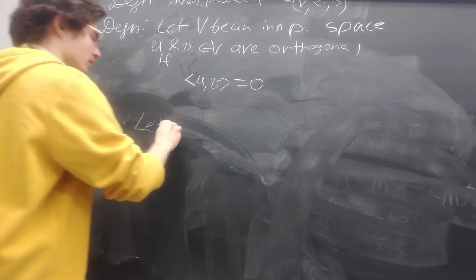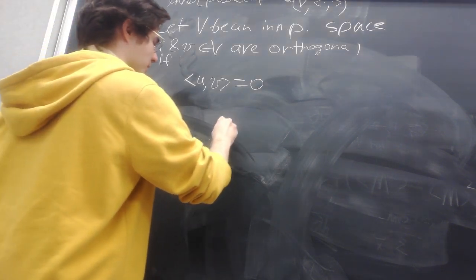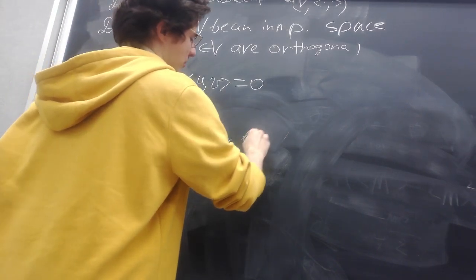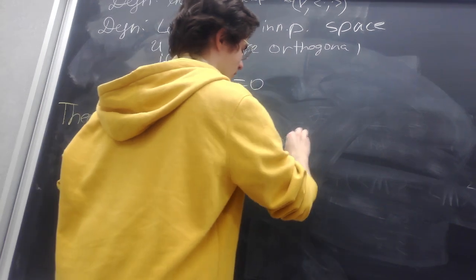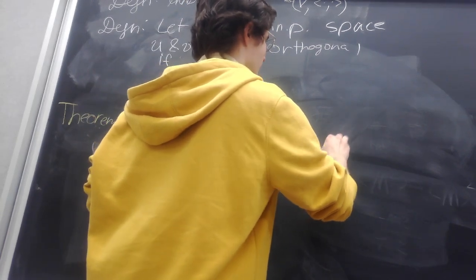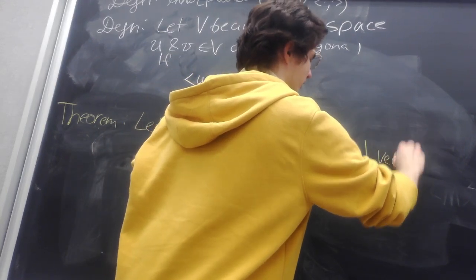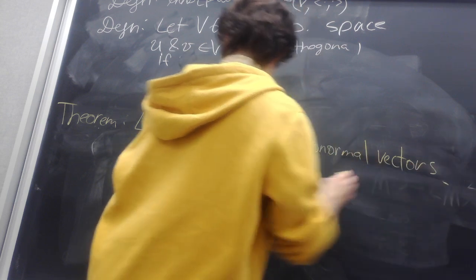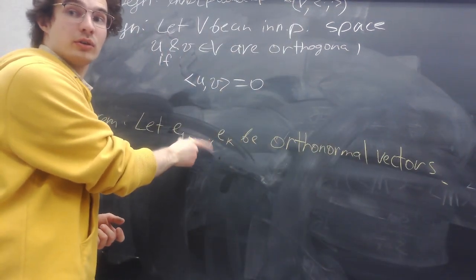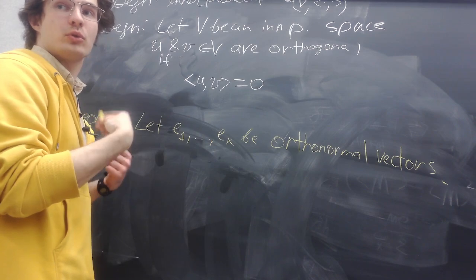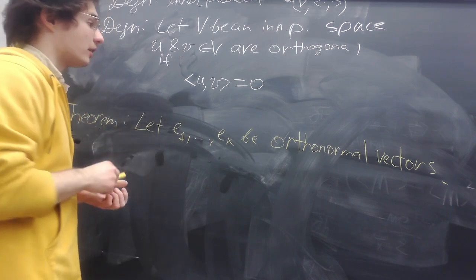Let E1 up to EK be orthonormal vectors. Orthonormal vectors means that any two of these vectors are orthogonal to each other, and if you compute their norm, then you get 1.